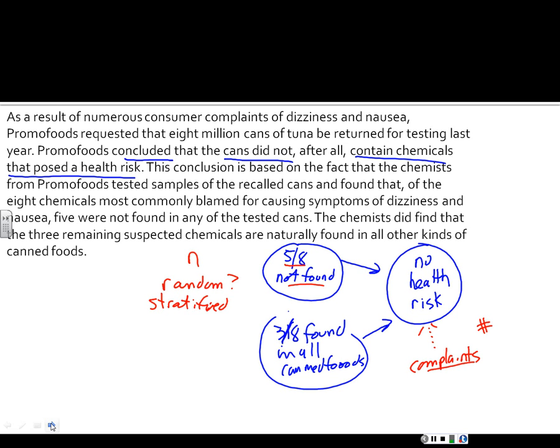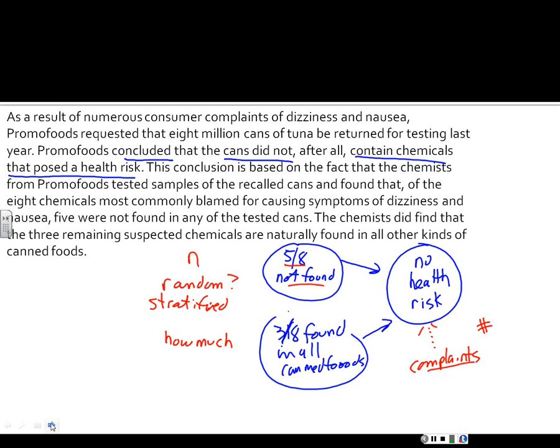Okay, on this 3 out of 8 that are in all of them, it doesn't say how much. How much of these chemicals are found in Promo Foods cans? How much is found in the other canned foods?